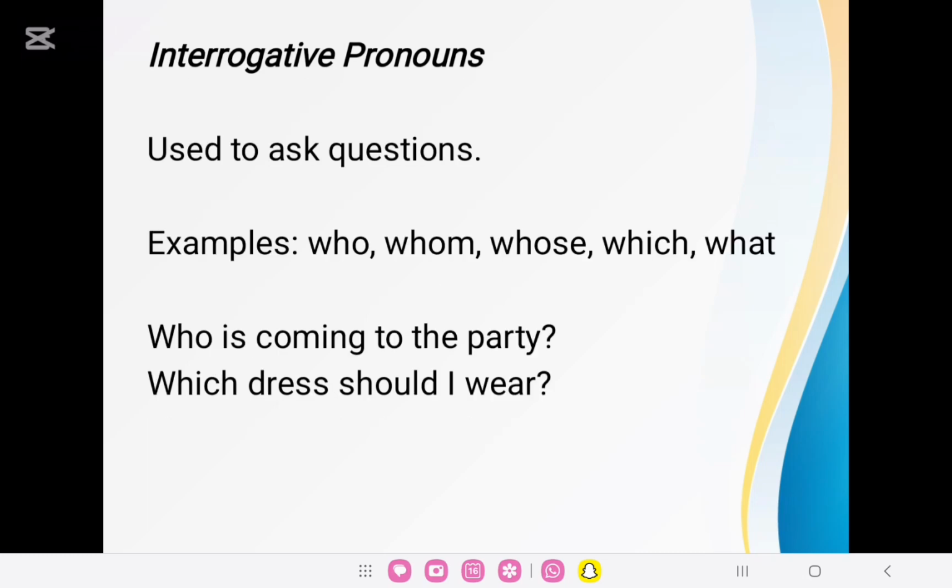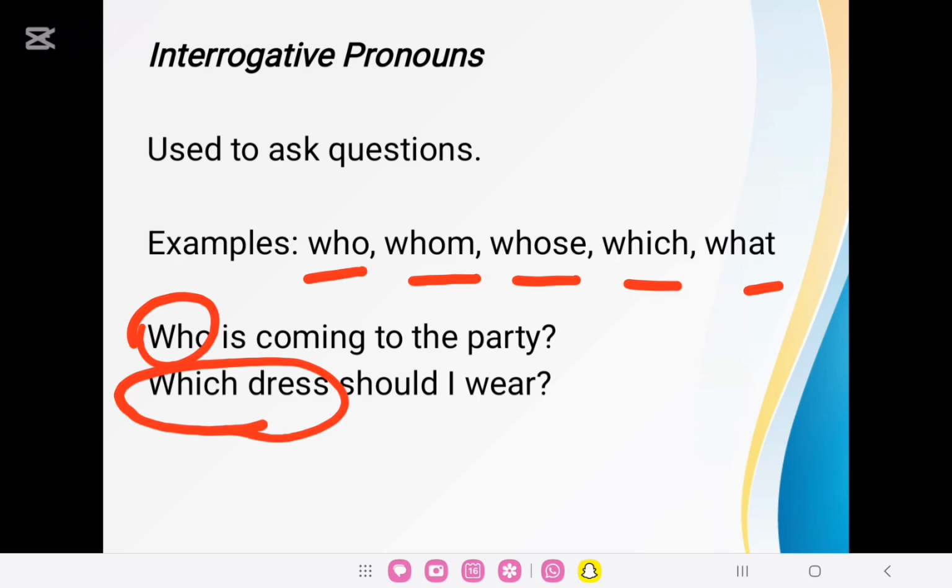Next one is interrogative pronouns. Interrogative pronouns are used to ask questions. Examples: who, whom, whose, which, what. Who is coming to the party? Which dress should I wear? These are interrogative pronouns because we are starting a question.